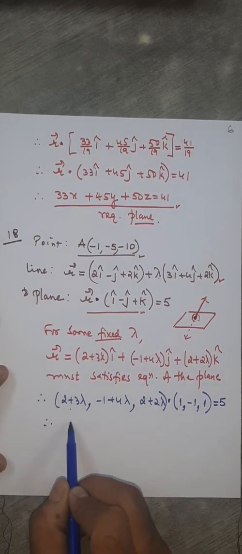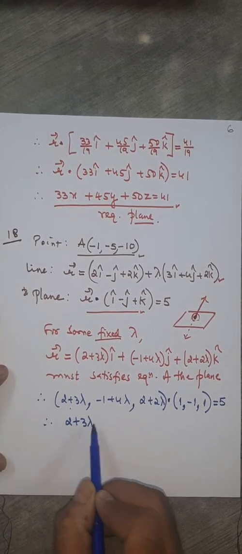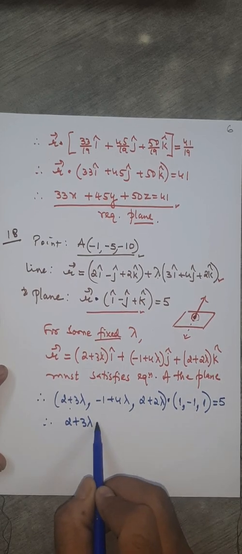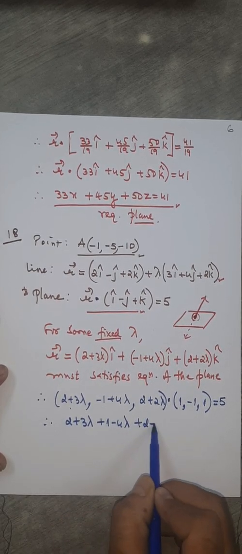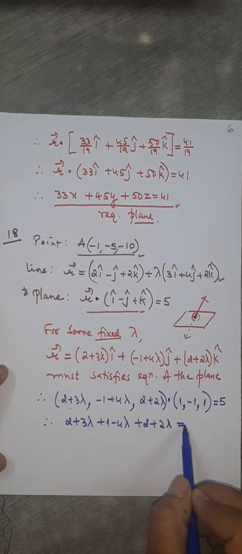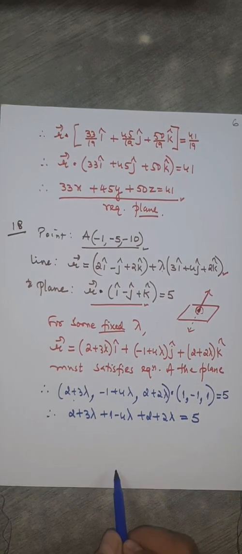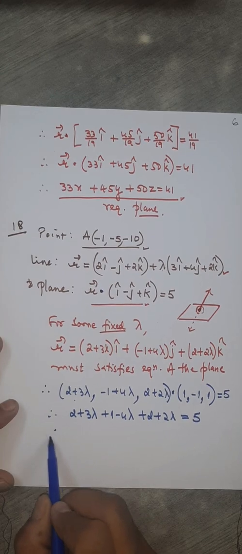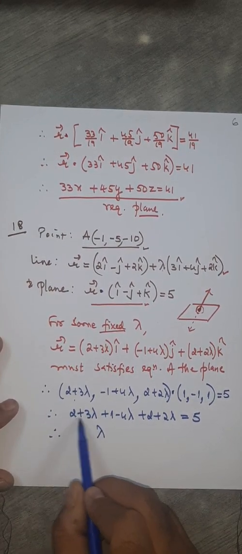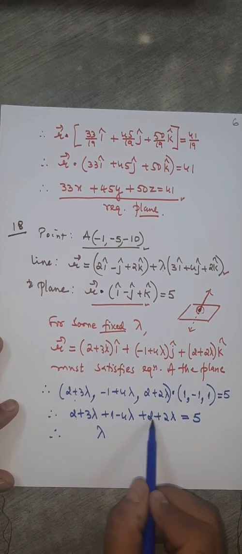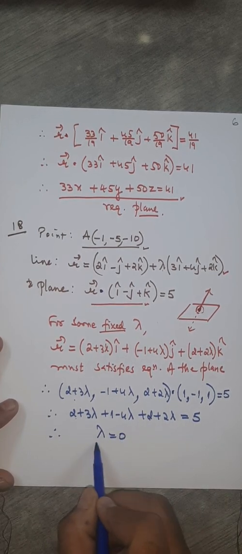Therefore, this into this, which is 2 plus 3 lambda, minus 1 into this, that is plus 1 minus 4 lambda, plus 2 plus 2 lambda equals 5. So let's simplify this. Here you have just lambda, 3 plus 2, 5 equals 5. So lambda is 0.